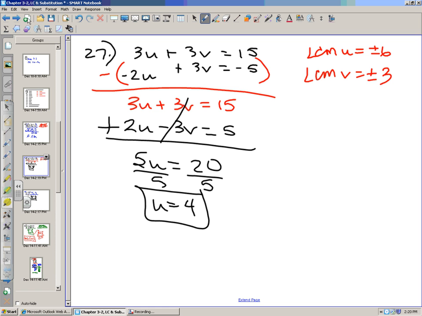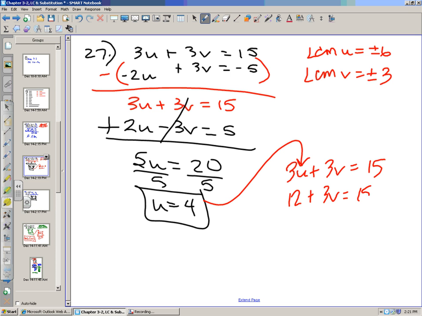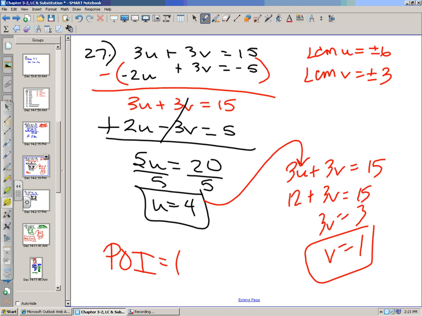Now, you're not done because now what do you have to do with that? You have to plug and chug it back in here to get v. So 12 plus 3v is equal to 15. 3v is equal to 3. v is equal to 1. So the answer is 4, 1.